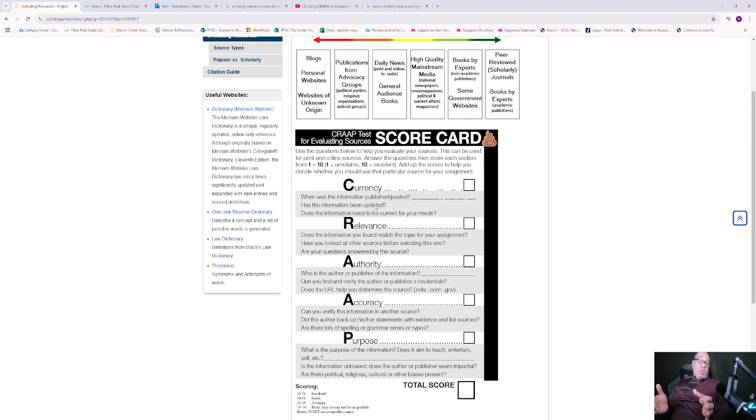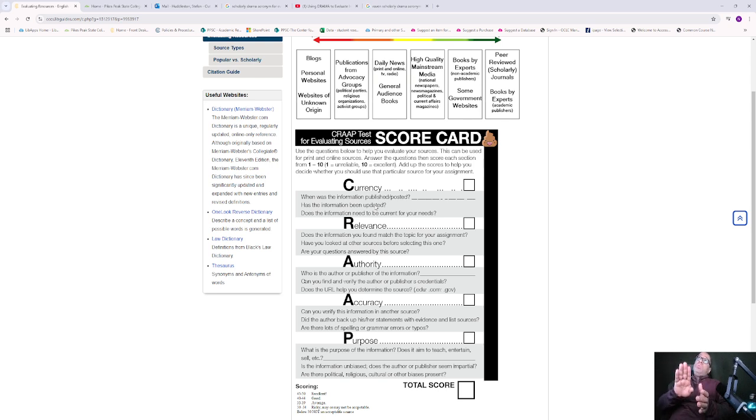For example, if you're looking at a video source, something as simple as the way things are lit, the types of experts that they might consult, or the way they place the camera. Placing the camera above someone looking down on them sort of takes away a little bit of that authority because you're looking down on them.